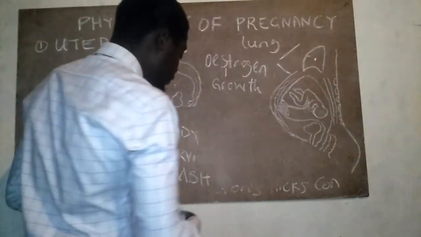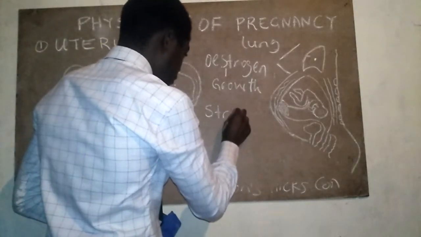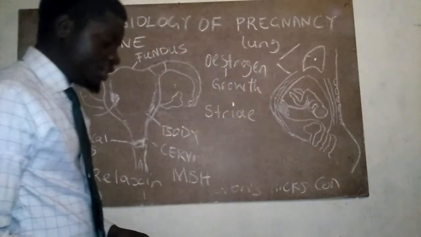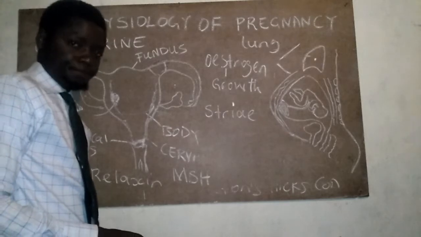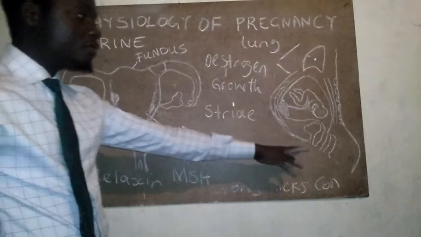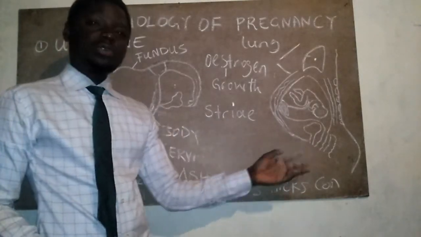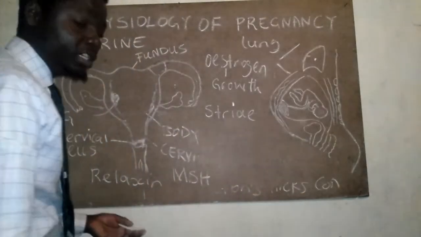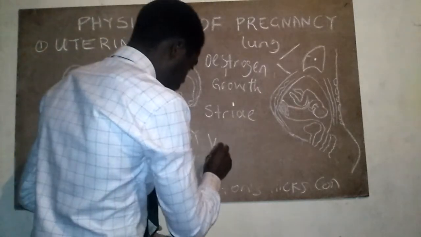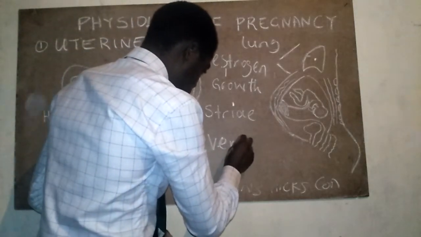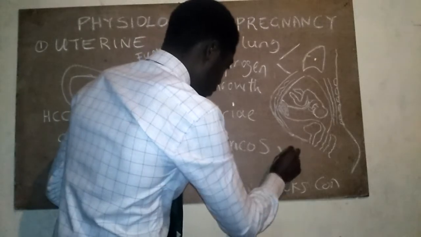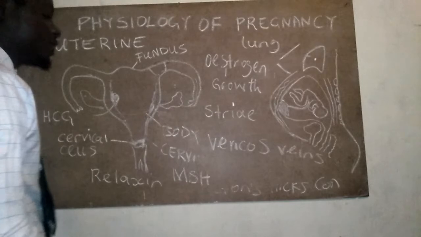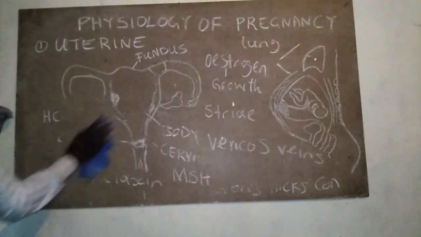Striae are formed as a result of the increased maternal tissue. As a result of increased vascularization, we can also develop what we call varicose veins, a condition very, very common in women. So that's what happens in the uterus.